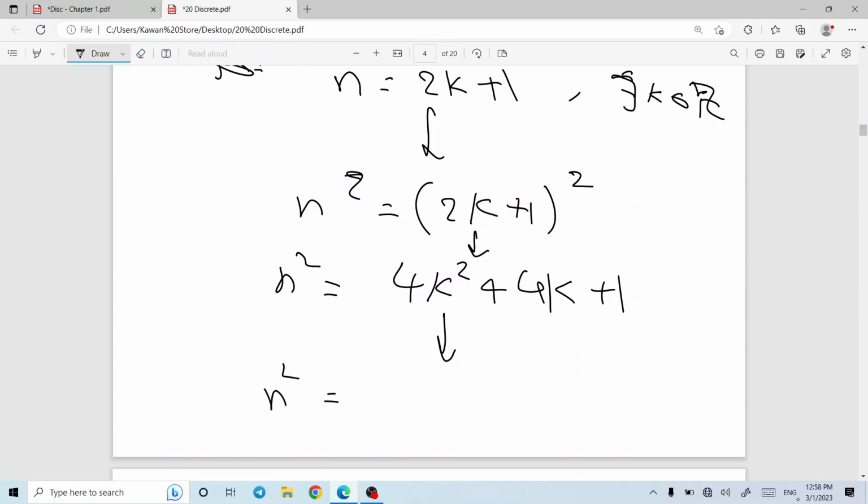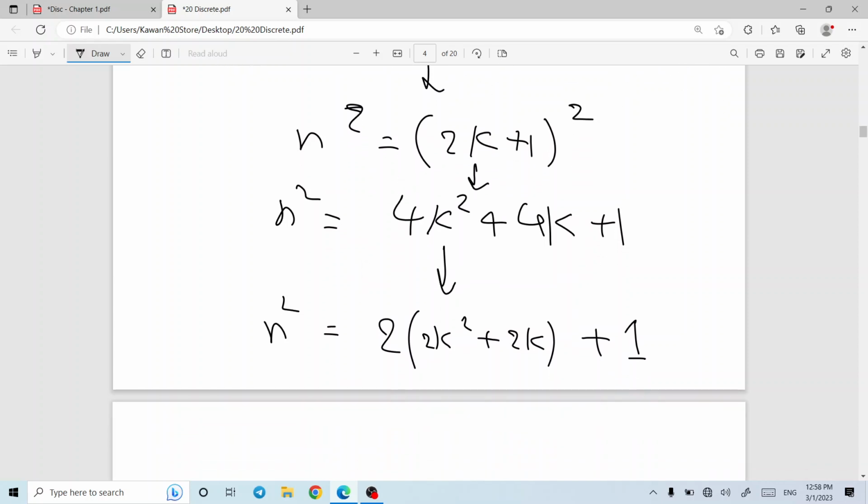So n squared equals 2 times (2k squared plus 2k) plus 1. Why did we do it like that? Can we just take 4k? No, we need to turn it back into the odd formula, the form 2 times an integer plus 1.